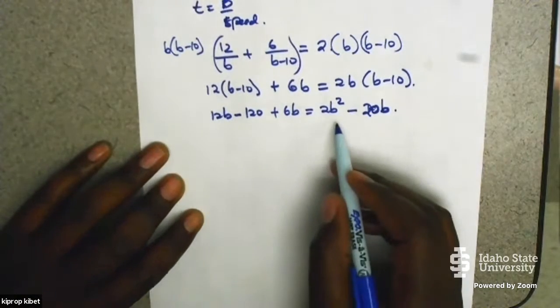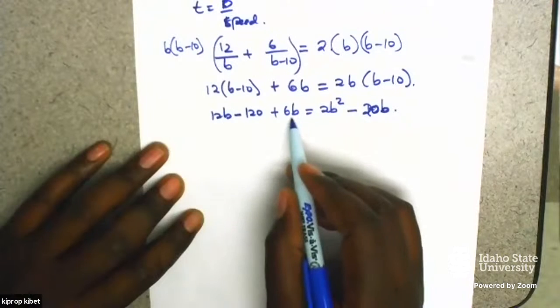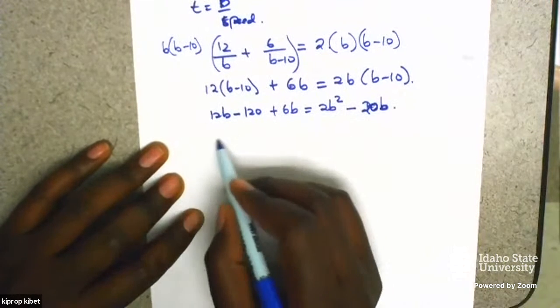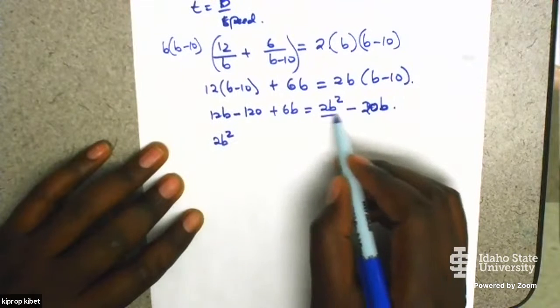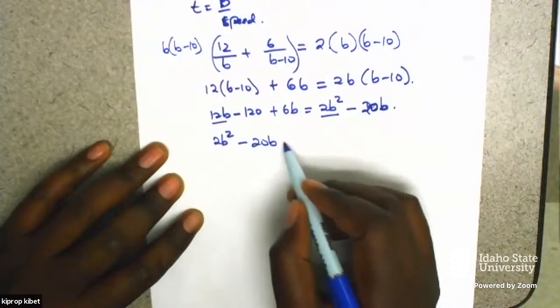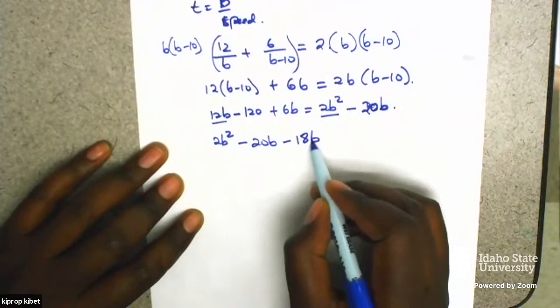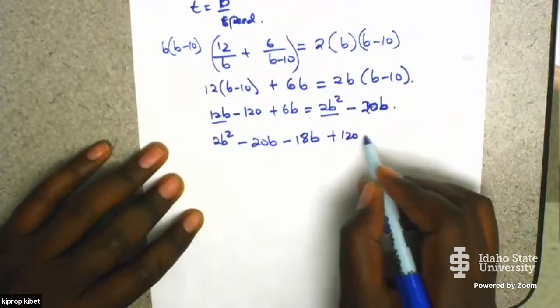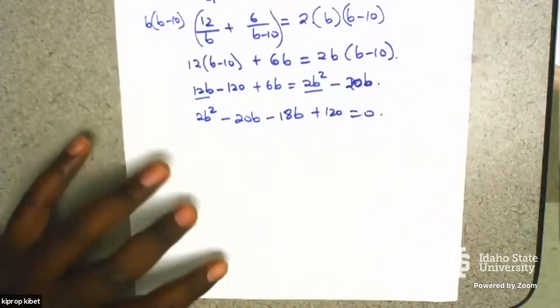So we collect the like terms. So 12B and 6B are what? 18B. We take it to the other side. So 2B squared minus 20B, we take minus 18B to the other side, and we take 120, it will be plus 120, equals 0.